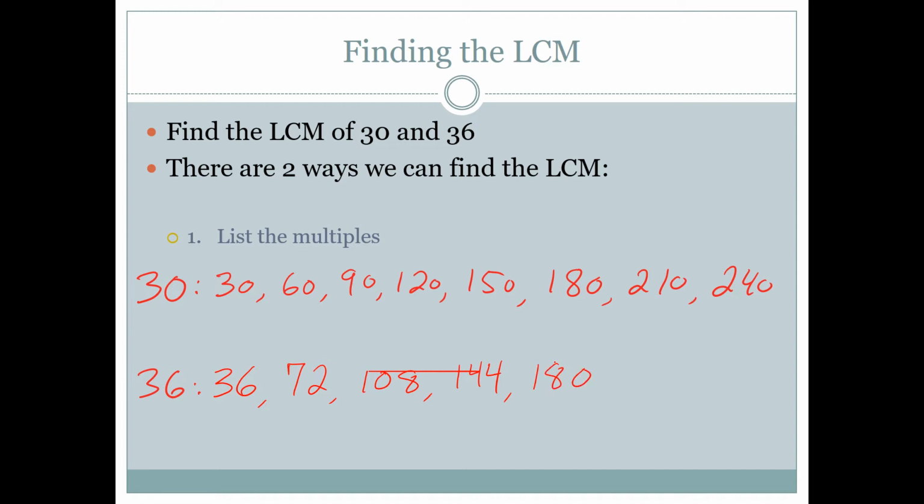And as I write 180, I see I have a match. 180 and 180. So my least common multiple here, the LCM of 30 and 36, is 180.